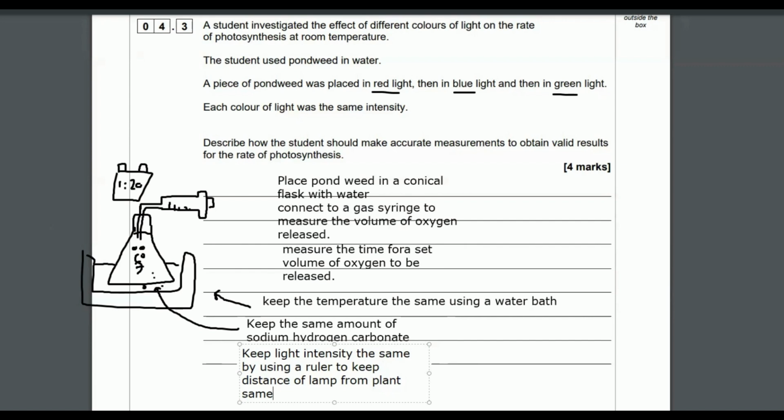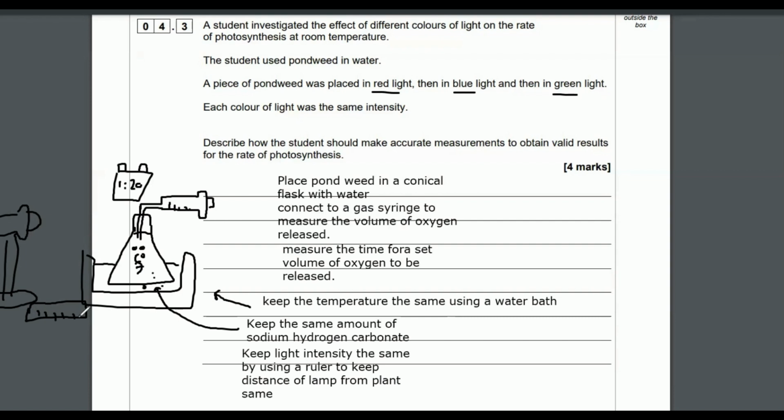What I'm saying by that is we want to have our lamp. Now we're going to change the filter so we get red light, blue light, green light, but we need to also keep the distance the same. It's not fair if I move the lamp closer with green light, then of course it's going to look like green light has a better effect. If I move the lamp closer with red light, yes, it's going to look like red light has a better effect.